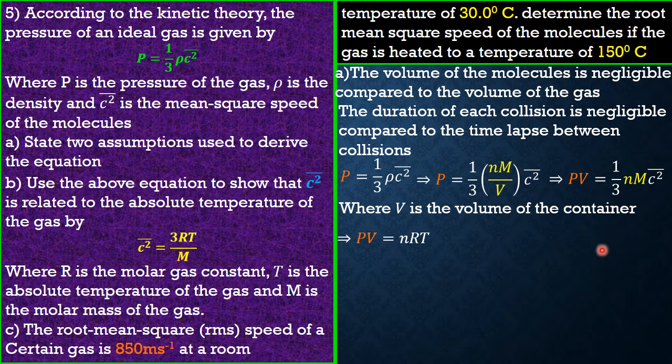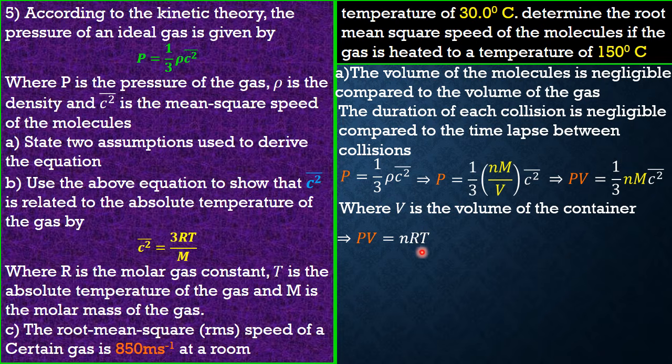Now, we also know that PV is equal to nRT. This is a formula we know so well from the kinetic theory of ideal gases. So since PV is equal to nRT and PV is also equal to 1/3 nm c squared bar, we can equate these two.